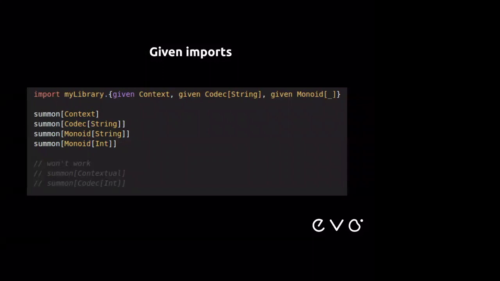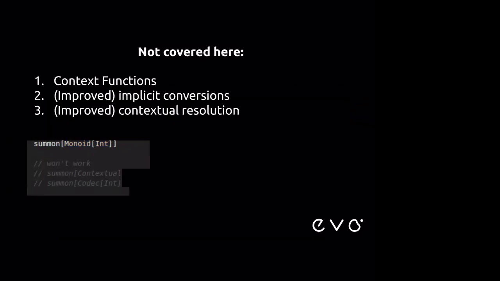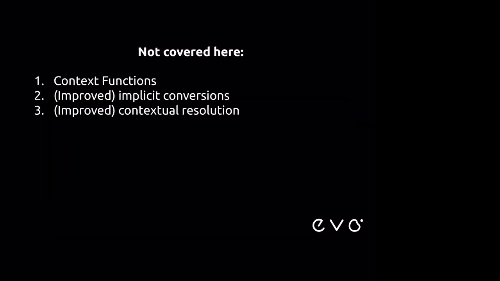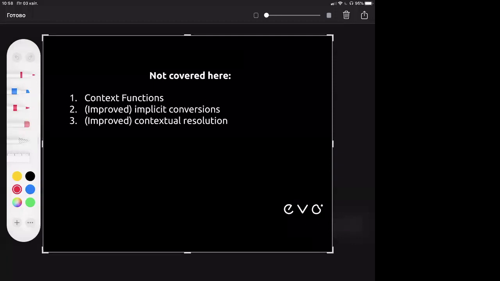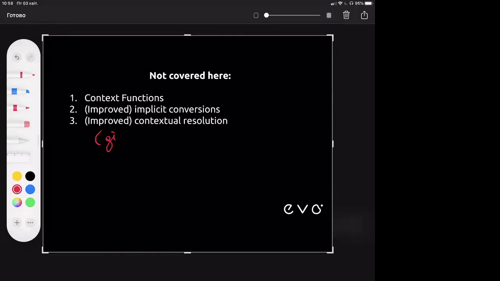There are also features that not covered here. It's context functions. It's special lambda. Few words. Previously it was called implicit function.